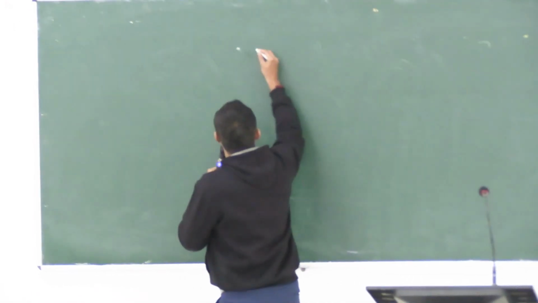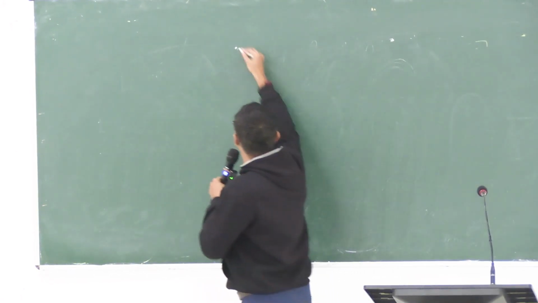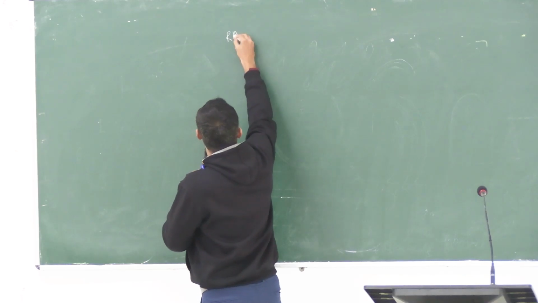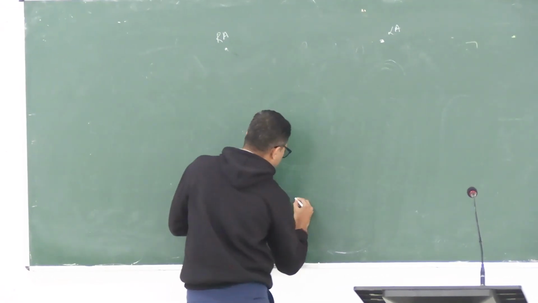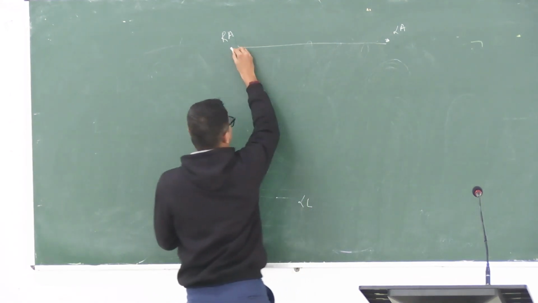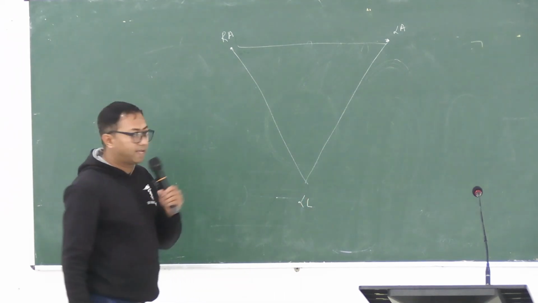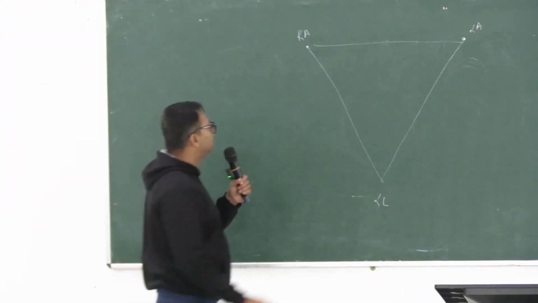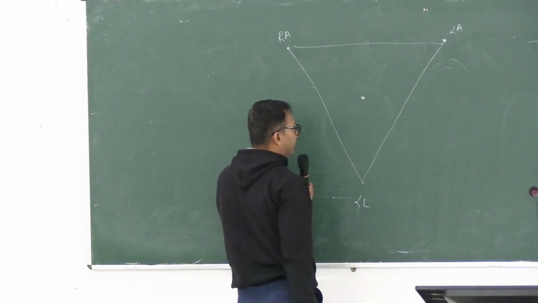So this one is the right arm, left arm, and left leg. Here is the connection, and this is Einthoven's triangle, right? And the direction of lead AVF is this 90 degrees, right?